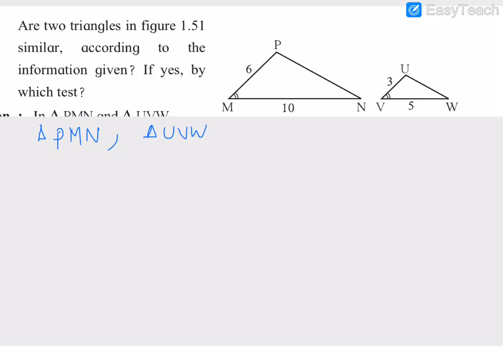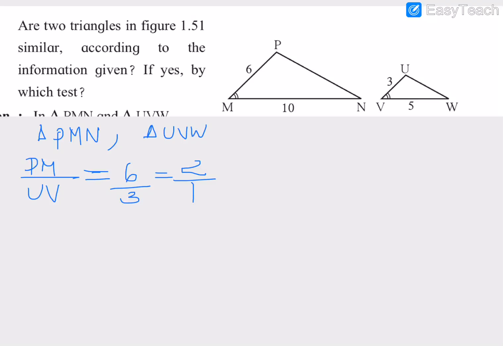In UVW and PMN, two sides are given, so we can check the first side, PM. The corresponding side in the second triangle is UV. So we can write PM by UV. PM is 6 and UV is 3. So 6 by 3 is equal to 2 by 1.